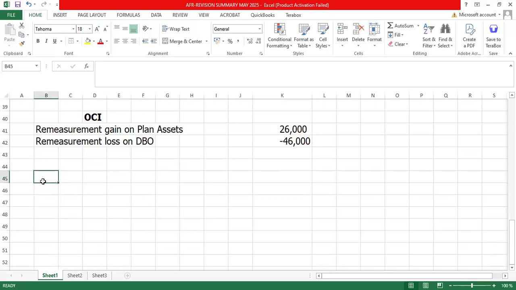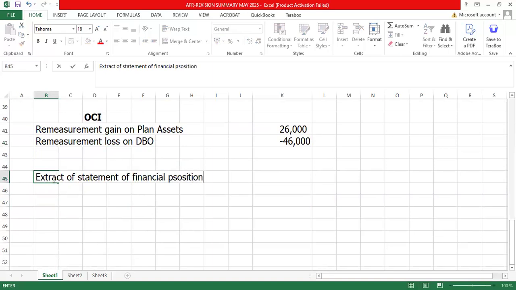So you can have an extract of the statement of financial position at 31st December 2022.